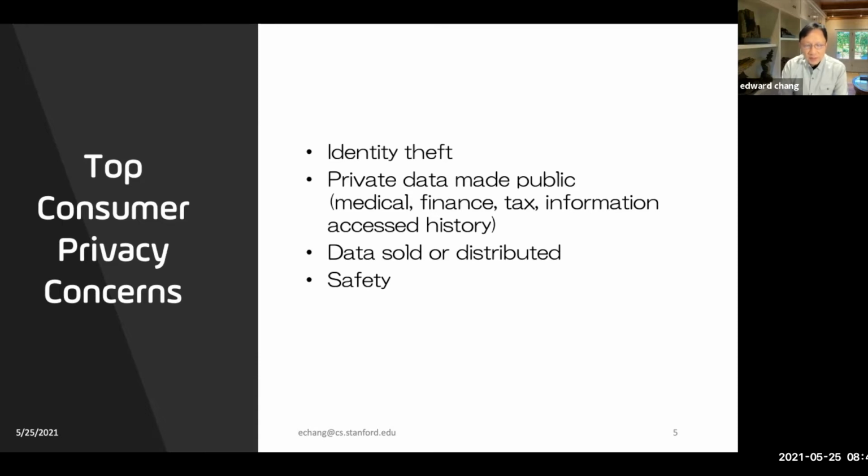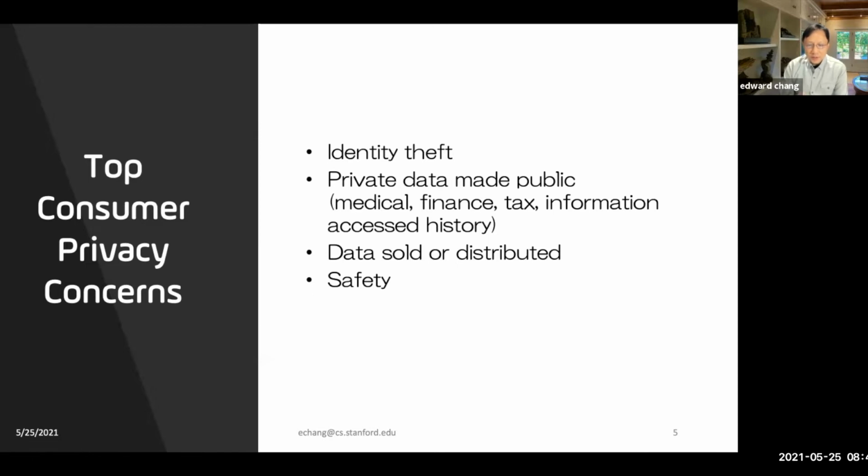And the private data then will be made public. And this is really bad for especially politicians, even for us, right? It is not a glamorous situation. And data can be sold and distributed without our knowledge. And certain data, especially medical data, could be valuable.